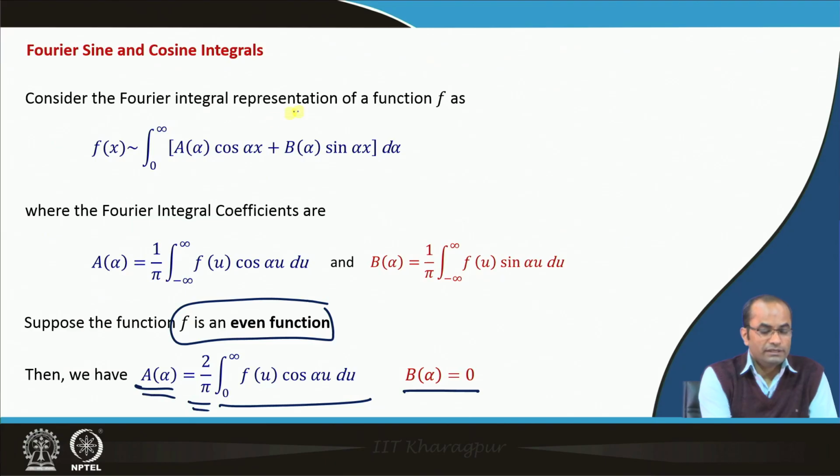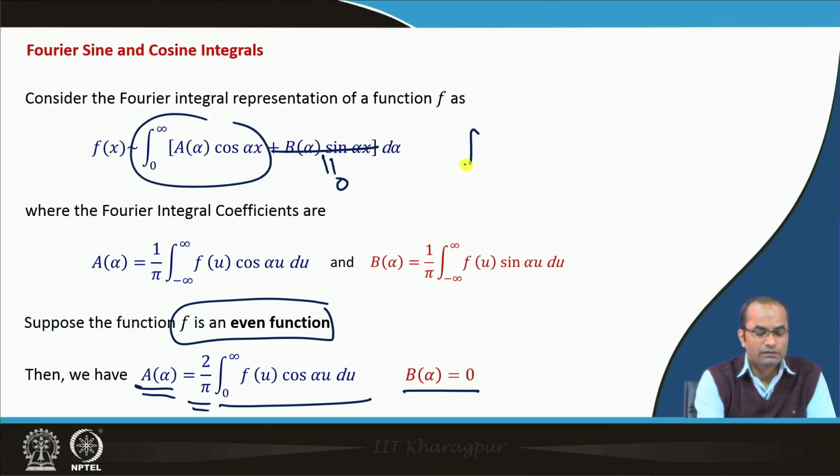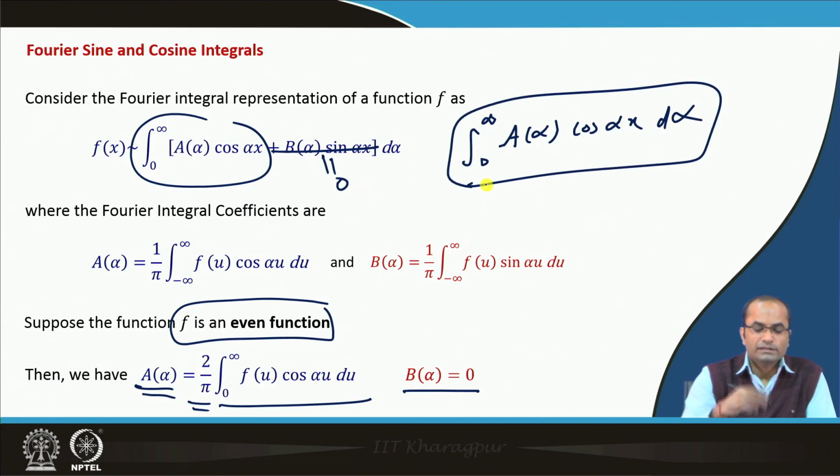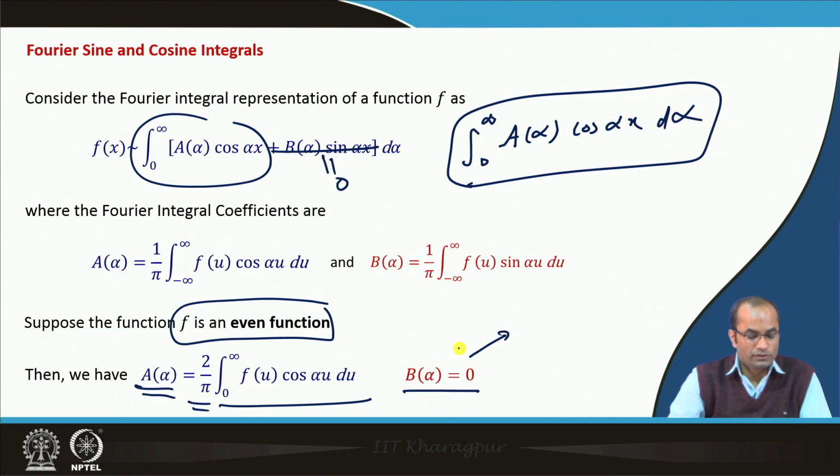So, in the Fourier integral representation, this term will vanish, and we have a rather simple integral representation, which is the integral from 0 to infinity of a(alpha) cos alpha x d alpha. This is similar to what we have done in the case of the Fourier series as well, where the bn's were 0 for an even function f, and for an odd function the other way round.